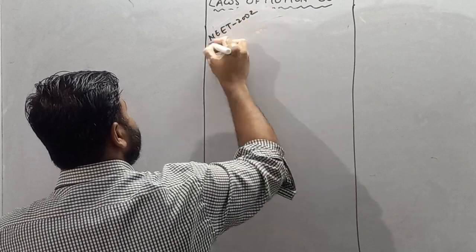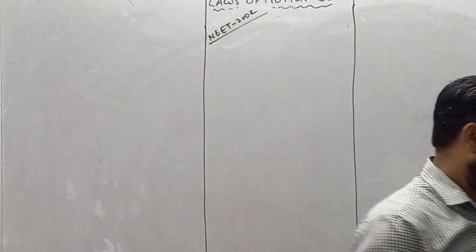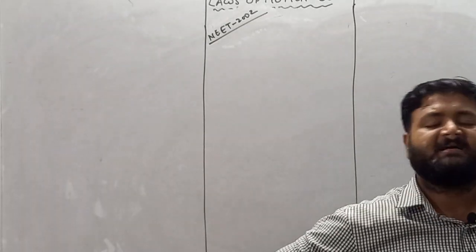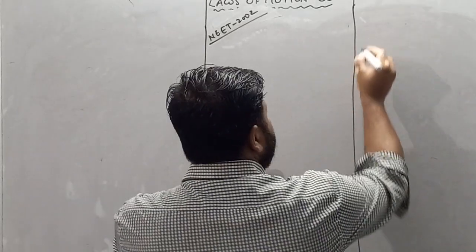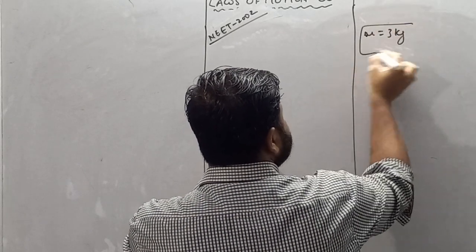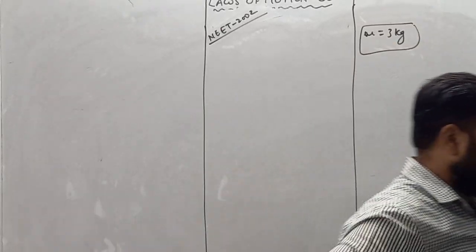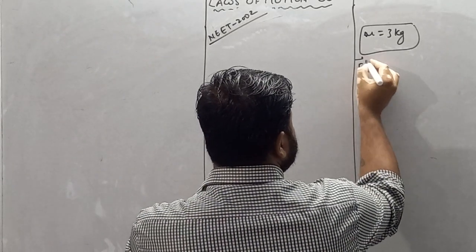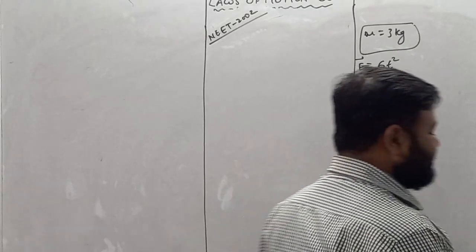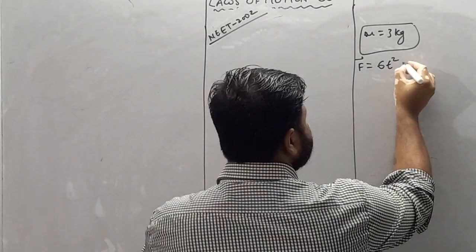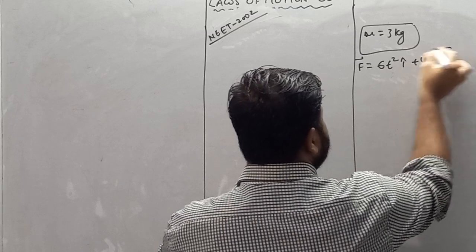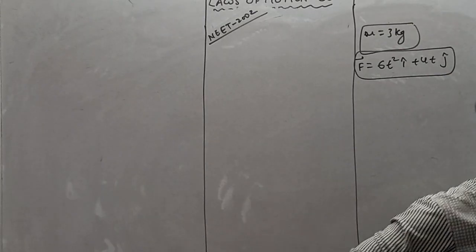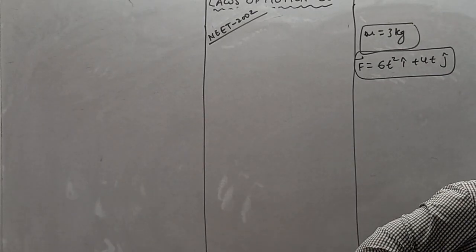The statement of the question is: an object of mass 3 kg is at rest. Now a force F vector is equal to 6 t square i cap plus 4 t j cap is applied on the object.